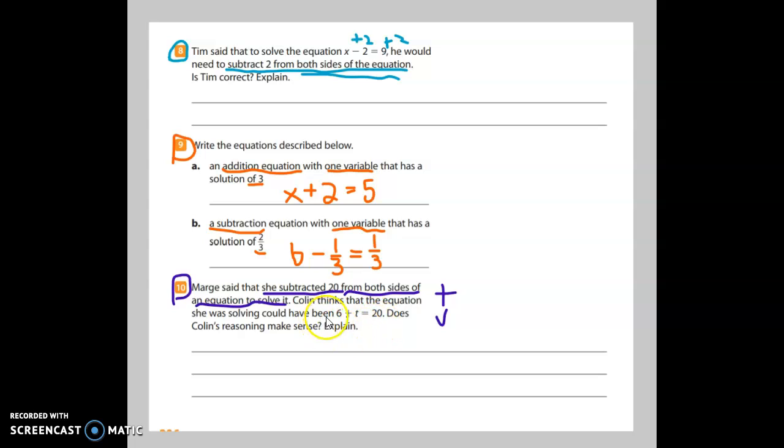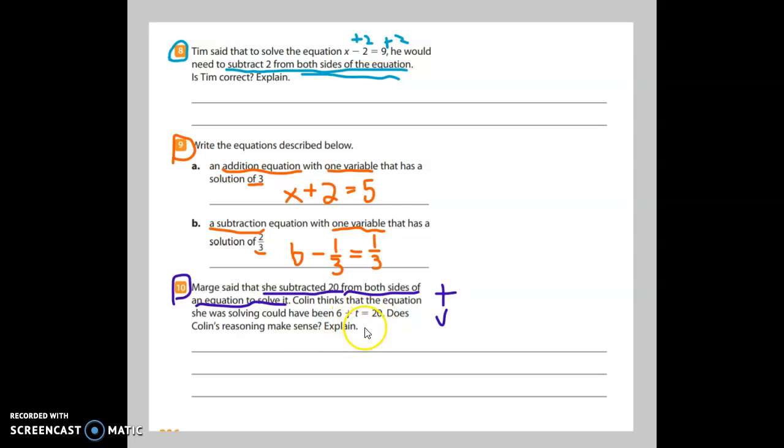What number is attached to the variable? 6. So if this had been the equation Marge had solved, she would have been subtracting 6 from both sides, not 20. So Colin's reasoning makes sense in the fact that he knows that it's addition, but it could not have been this equation because the 20 is on the opposite side of the equation.